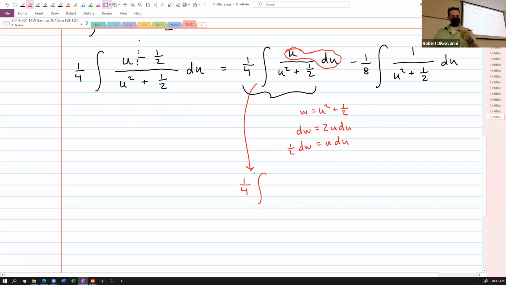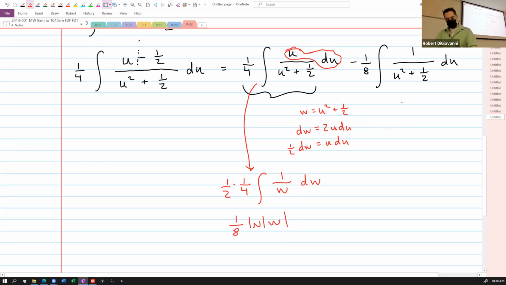Yeah, the u du is going to bring us a half out front, right? The u du is dw. 1 over, what's the bottom? W. So 1 over w dw is this one, which really turns out to be 1/8 natural log of w, doesn't it? The antiderivative.